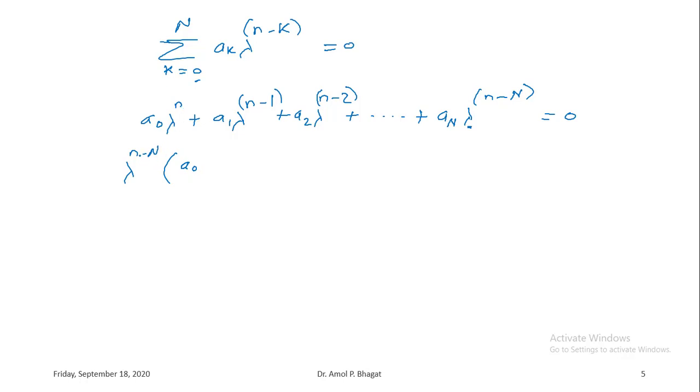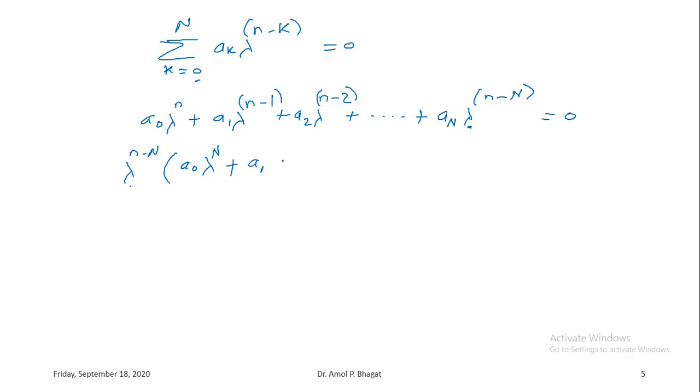I have taken lambda to the power n minus n common, so when you multiply these two terms, lambda to the power n minus n multiplied by lambda to the power n, the powers get added, so n minus n plus n. This minus n plus n will be 0, and simply small n will be there.